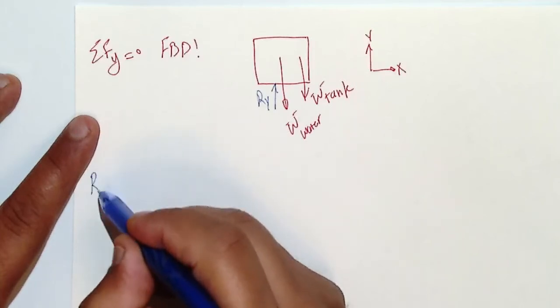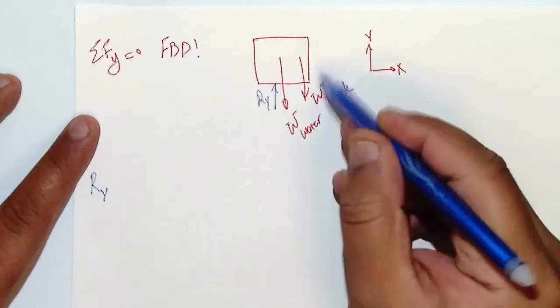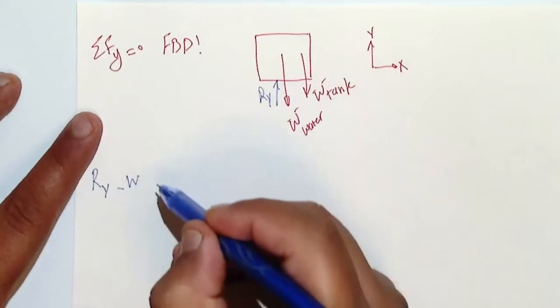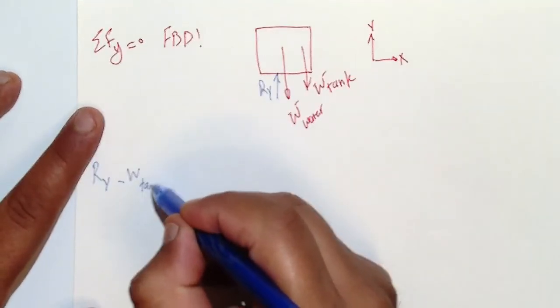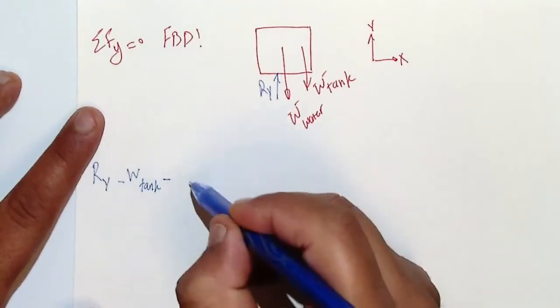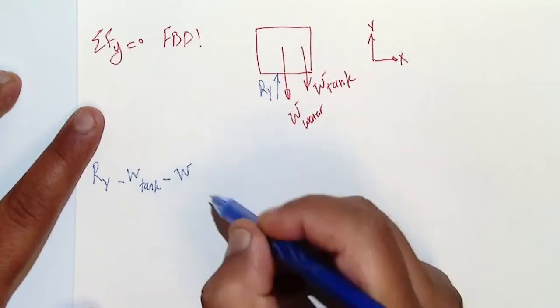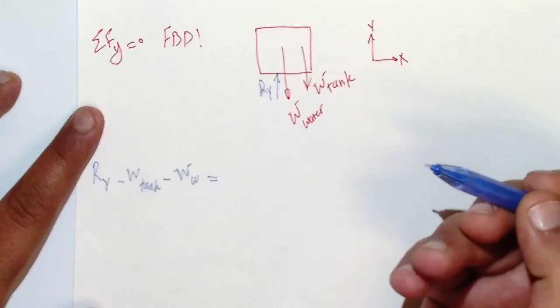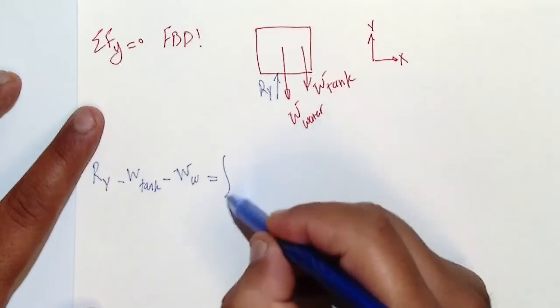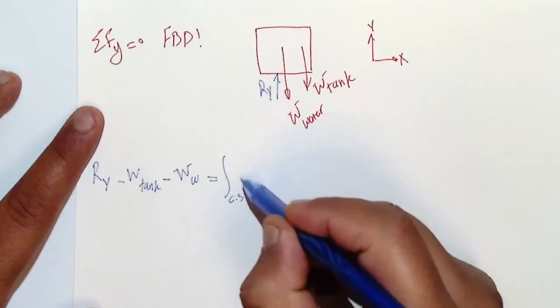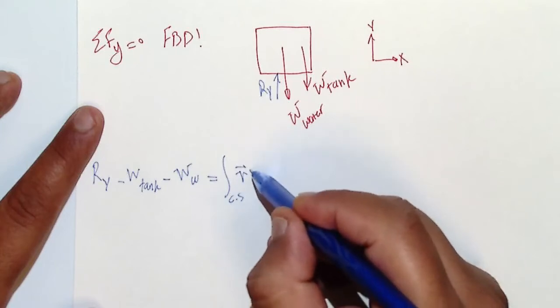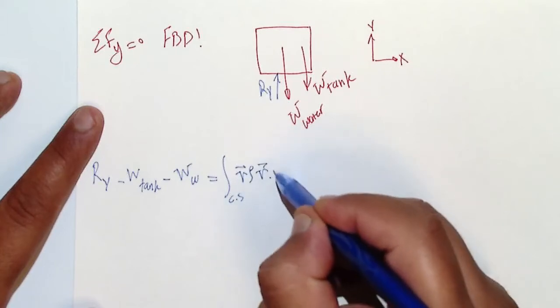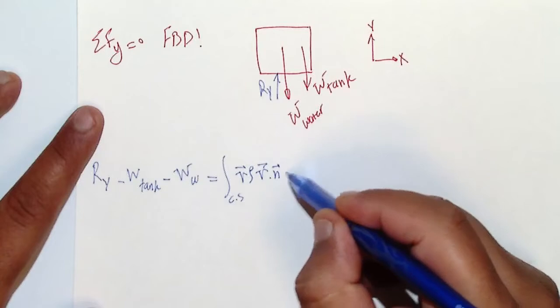Then Ry, which is positive, minus W of the tank minus W of the water is equal to the conservation of momentum in Y direction, which gives you the control surface integral of V rho V dot N times dA.